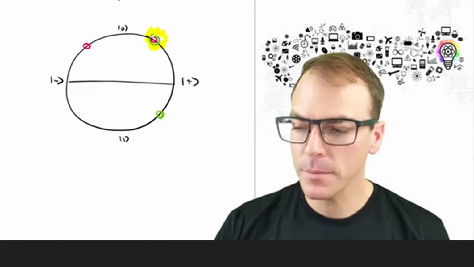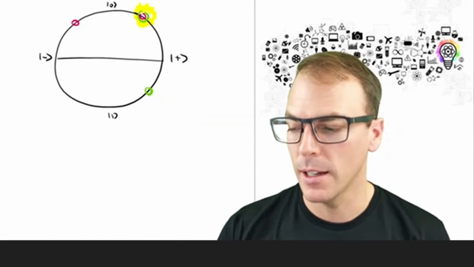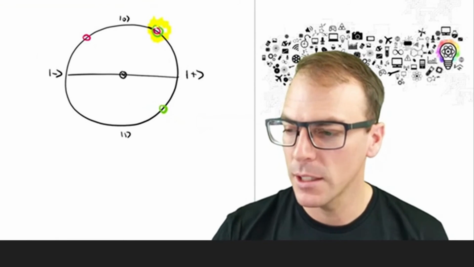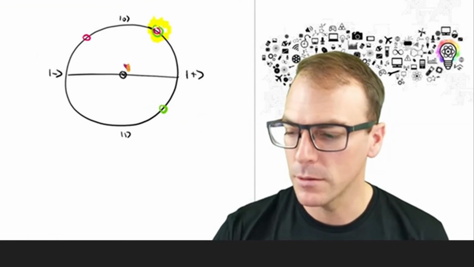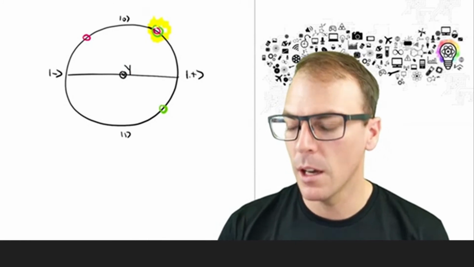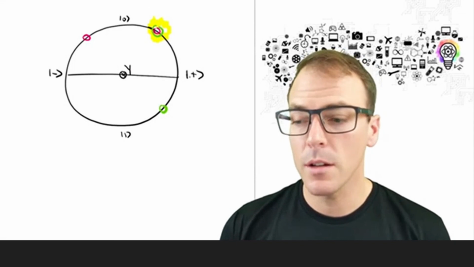So the Bloch sphere, remember, has sort of a y-axis coming out. There's a y-axis coming out of my screen, and the story there is the same.